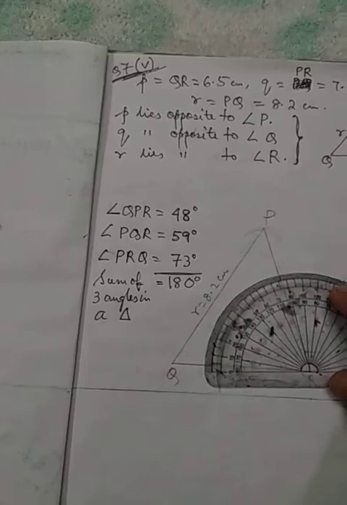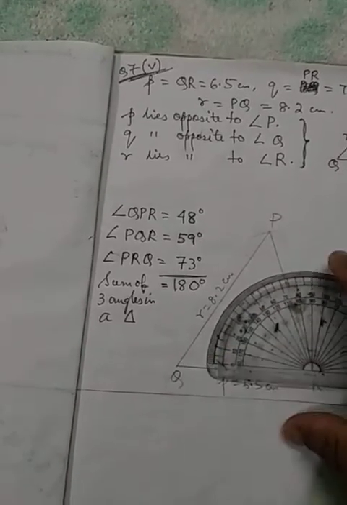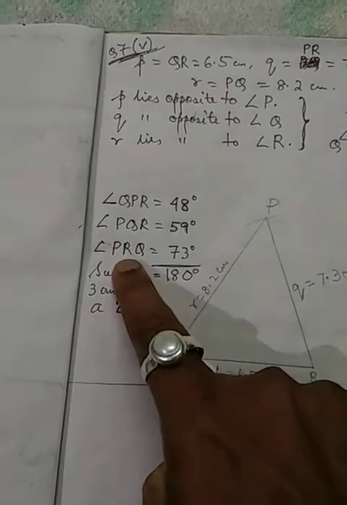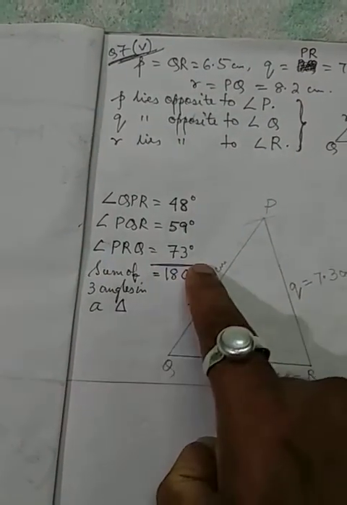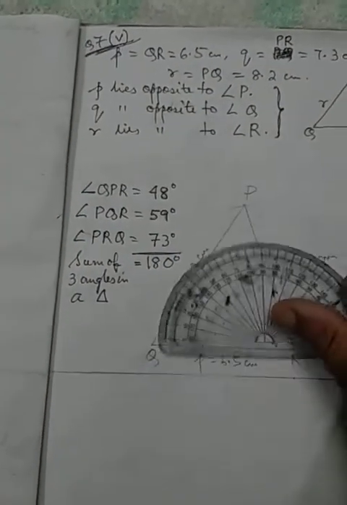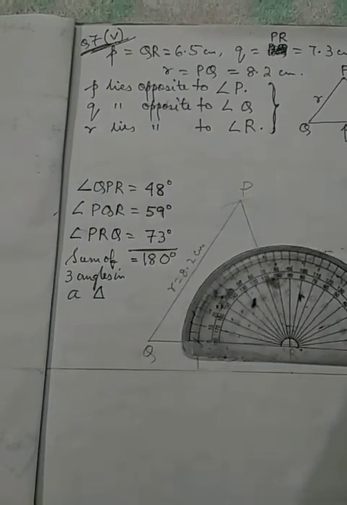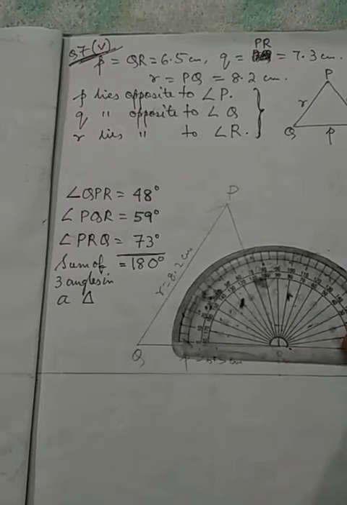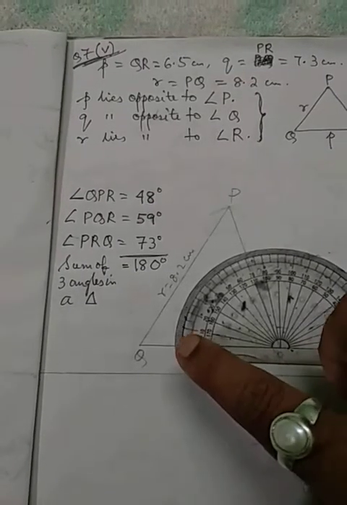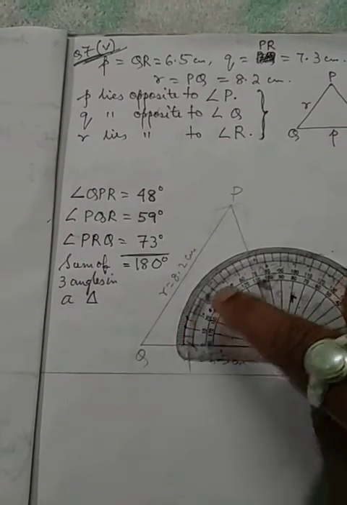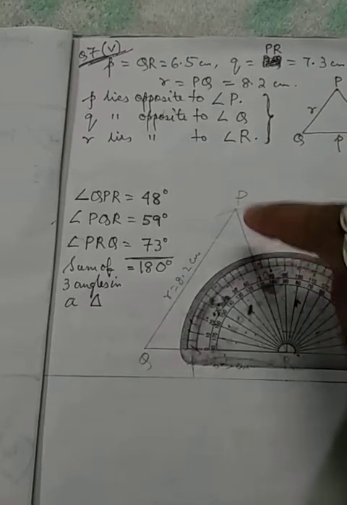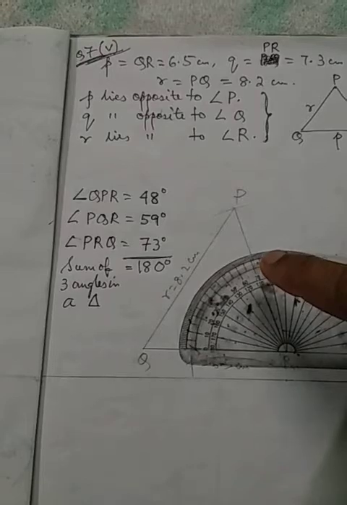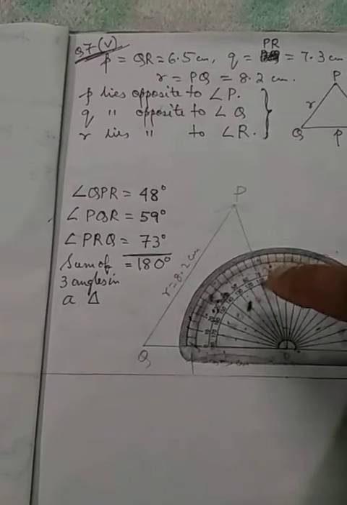Keep this baseline, and as I have kept it, read the outer value 10, 20, 30, 40. You have to read the value in the protractor where this line coincides.